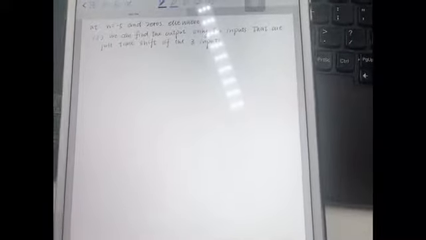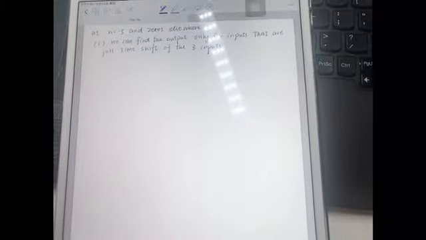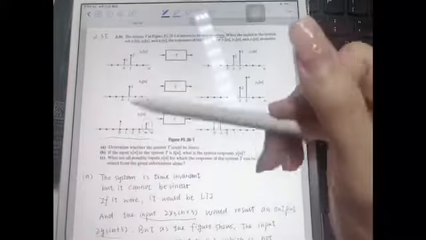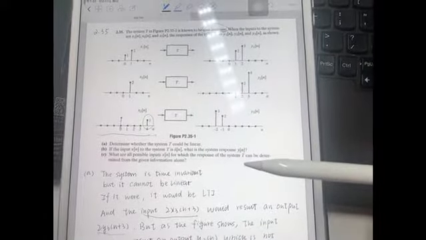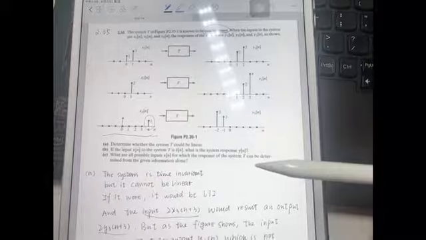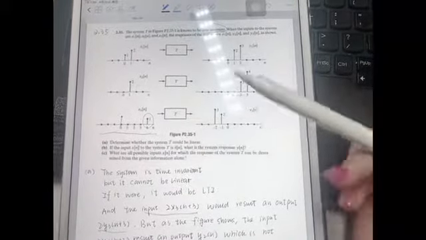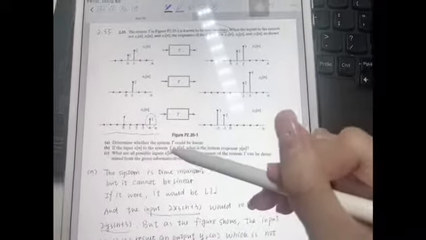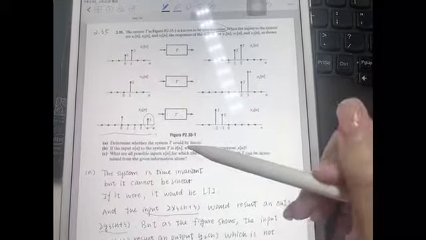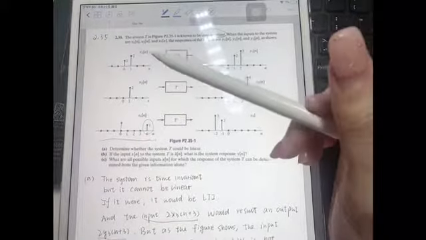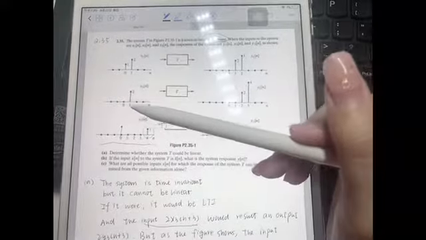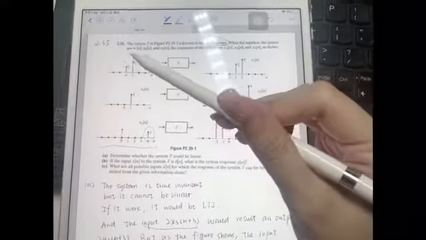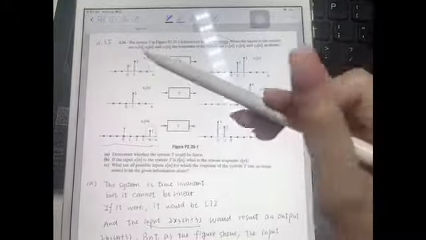So we can find the output only for the inputs which are just time shifting, just as how we get the solution of question B. Only the inputs that are time shifting. We do some time shifting changes to the input in the left side of this graph.